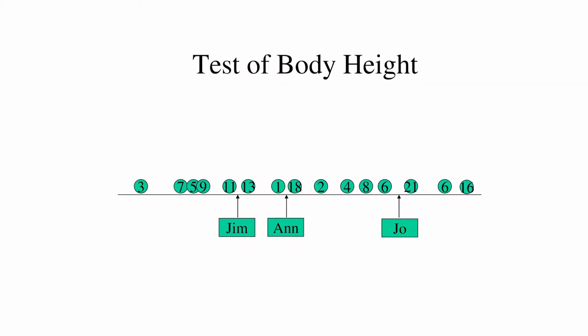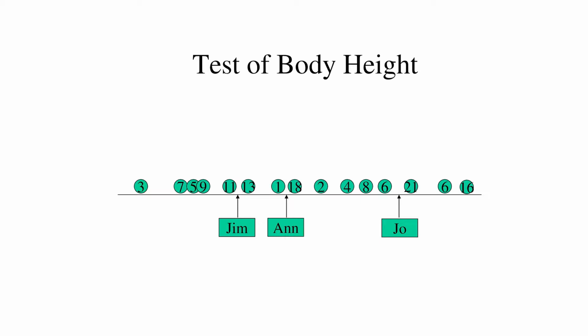And here you see this common scale. There are items on it, 3, 7, 5, 9. That's a list of items. And there are people mapped on that. And then you could say, for instance, that Jim is the shortest. Jim dominates items 3, 7, 5, 9, and 11. So there's a probability larger than 50% that Jim says yes to these items, but he is too short for item 13 or 1 or 18.